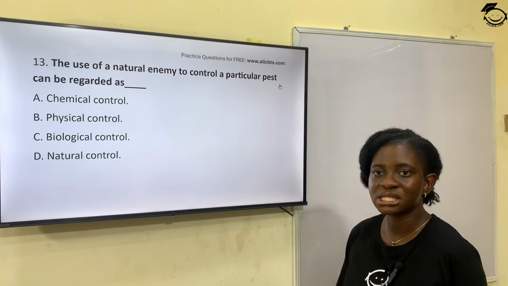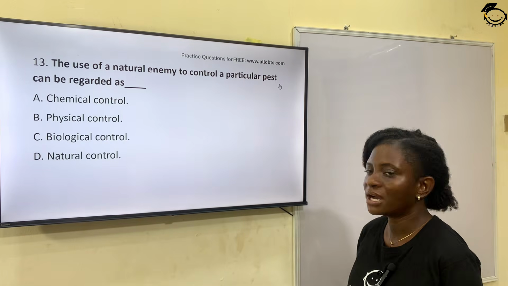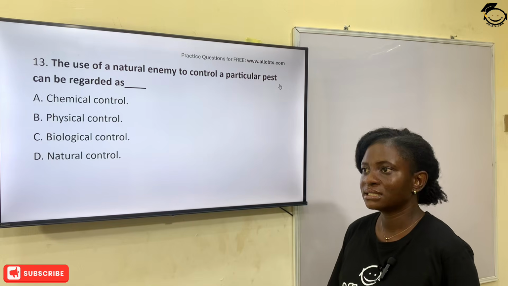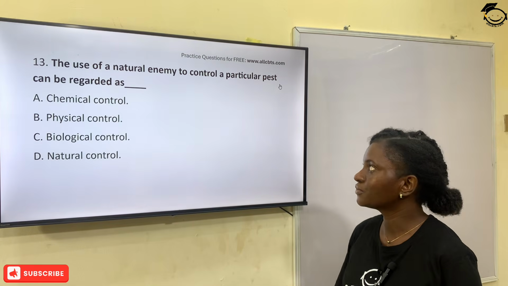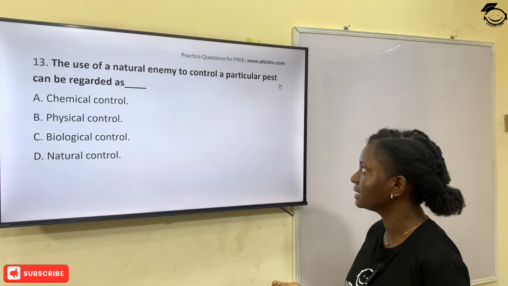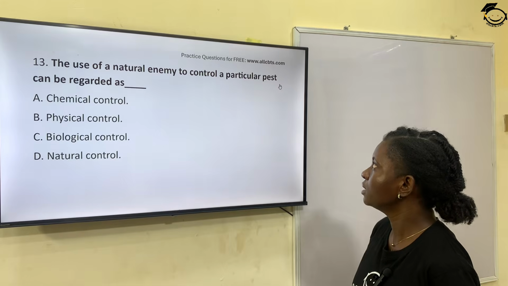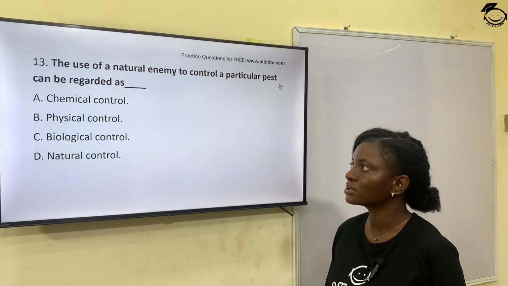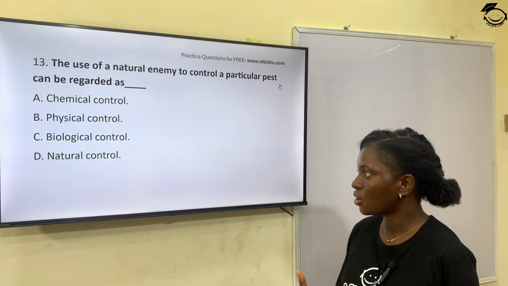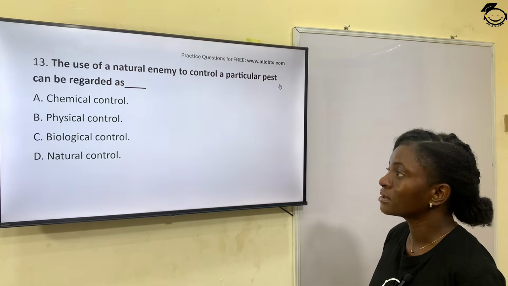The chemical involves the use of insecticide, while biological is the use of an animal, let's say a predator feeding on another animal. So the use of a natural enemy to control a particular pest can be regarded as biological control. That's the correct answer. Option C.